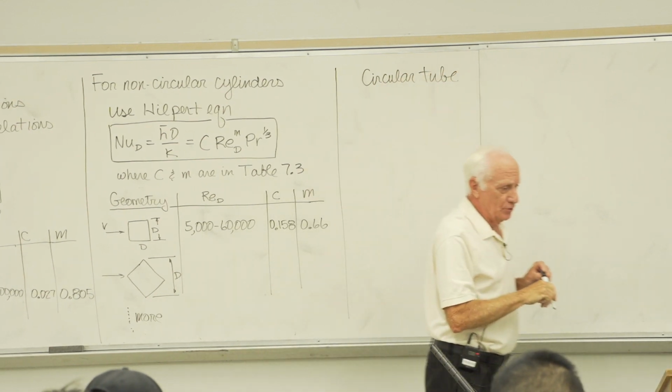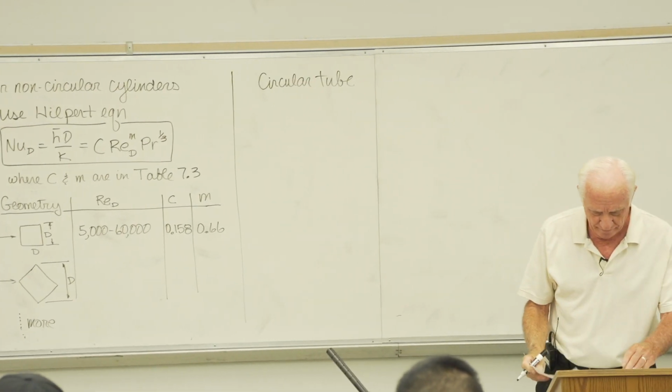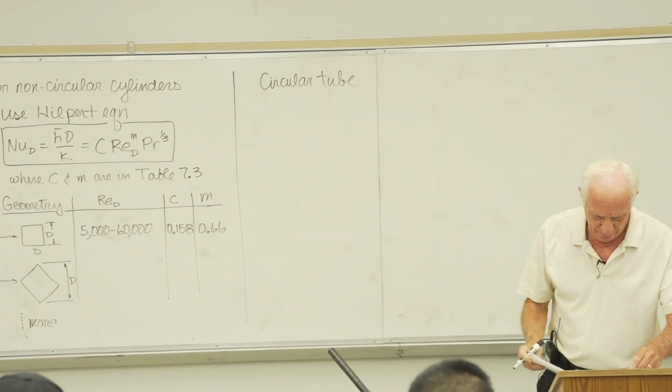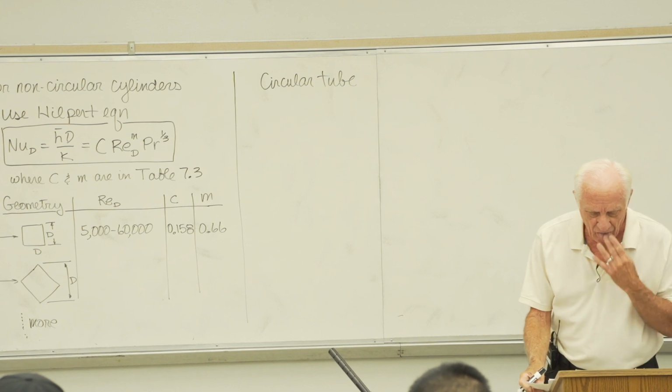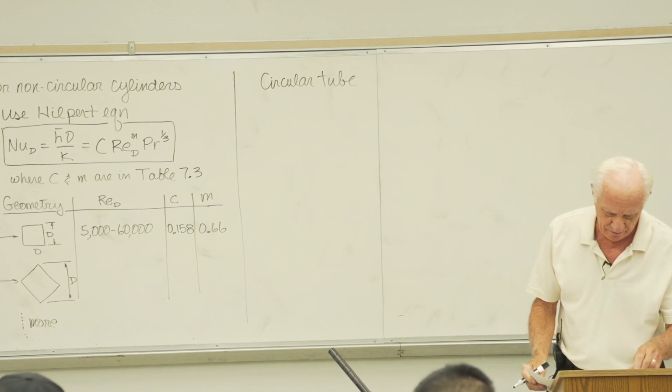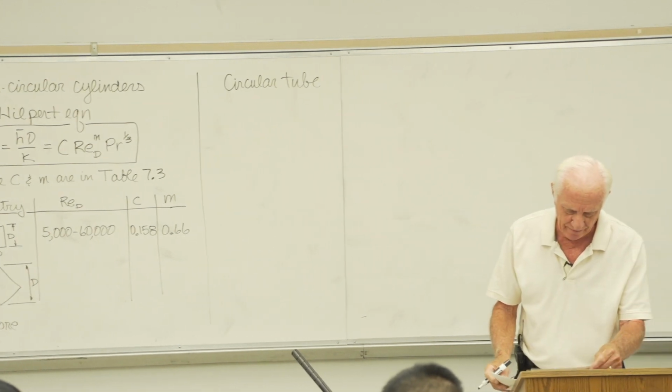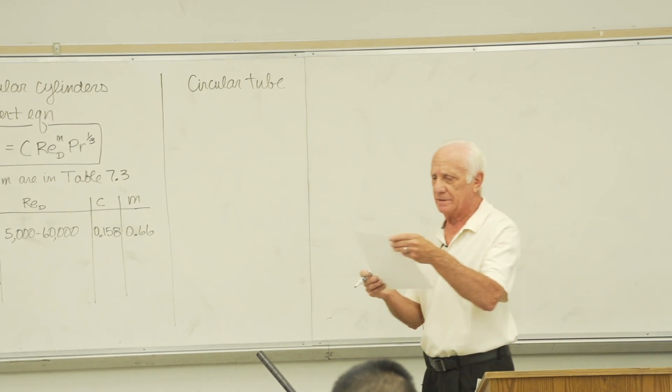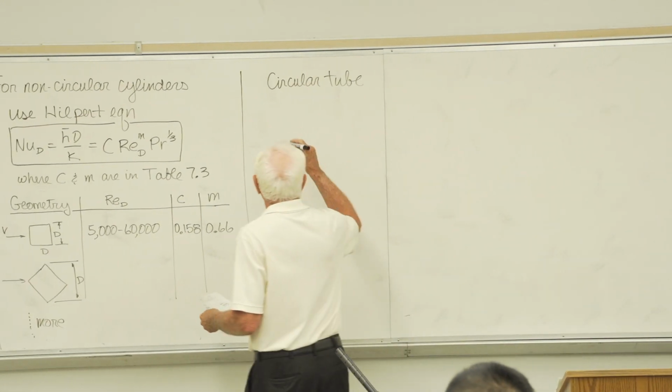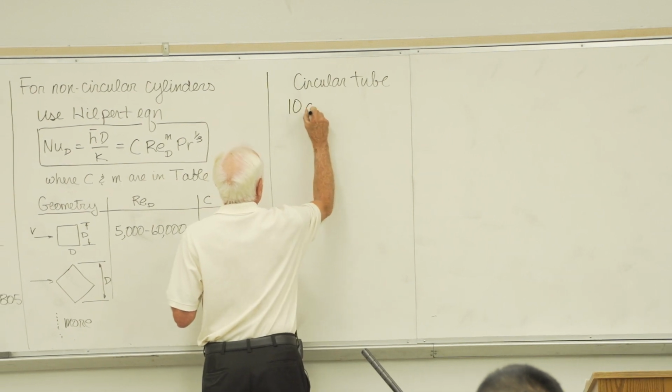A circular tube that I've got as an example, I think it's 10 centimeters in diameter. Let me just make sure I've got that down here. Yeah, 10 centimeter diameter.